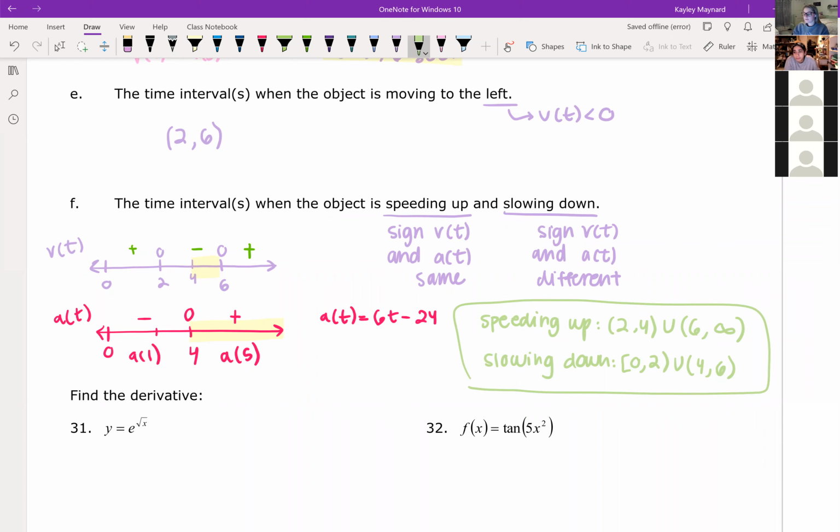Just a helpful tip. So if you know that it's speeding up from 2 to 4 and then from 6 to infinity, any of the spots that you haven't covered, it should be slowing down at. You shouldn't have any of the same intervals for speeding up and slowing down because it can't be speeding up and slowing down. And you should cover everything on the number line between where it's speeding up and where it's slowing down.